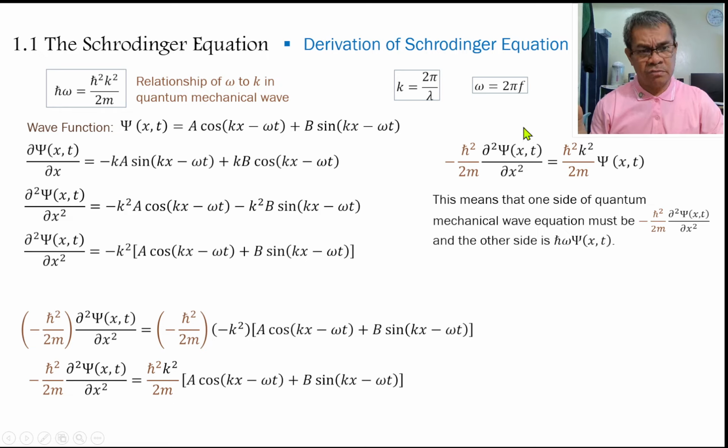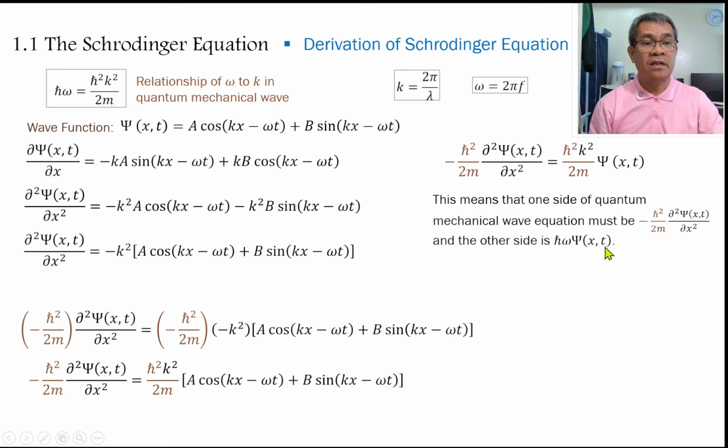The first side should contain this whole factor, these expressions. Why? Because if you simplify this, you will come up with this result with the presence of h bar squared k squared over 2m. And this is it. This is our control point. Okay? So one side should be this one.